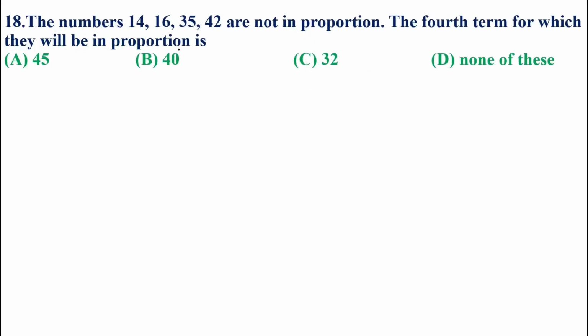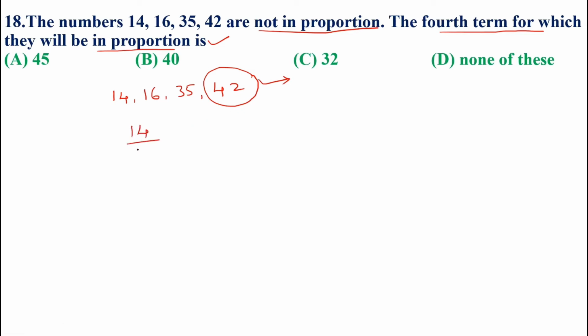The numbers 14, 16, 35, 42 are not in proportion. The fourth term for which they will be in proportion means what I should keep in the fourth term so that these will be in proportion. Proportion means 14 by 16 should equal 35 by 42.